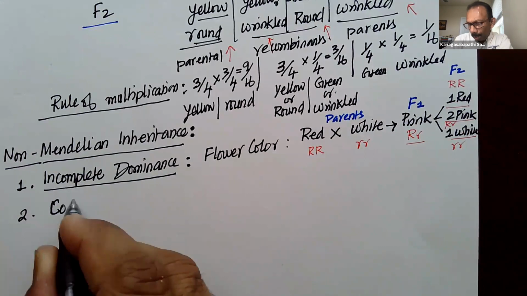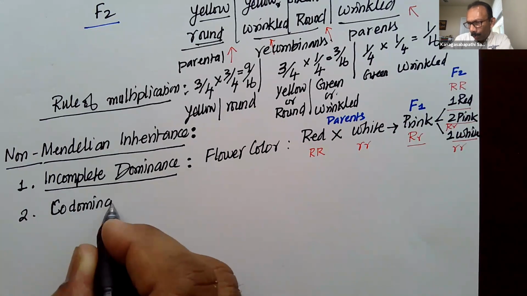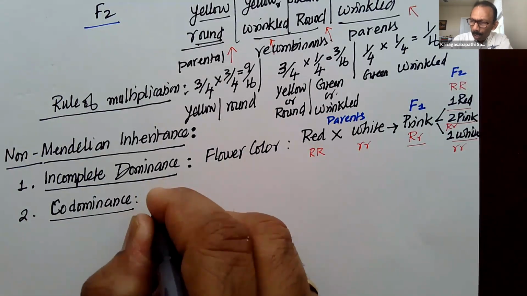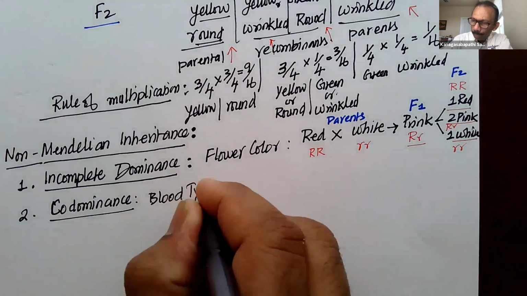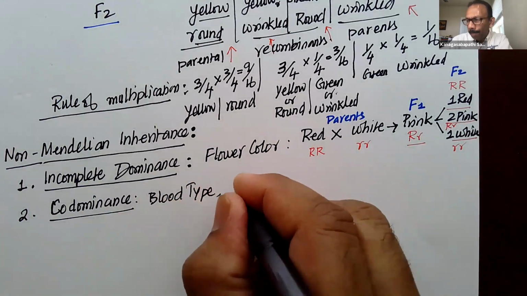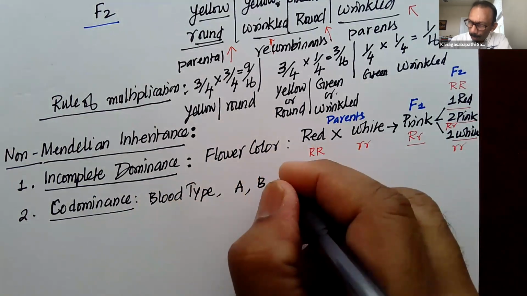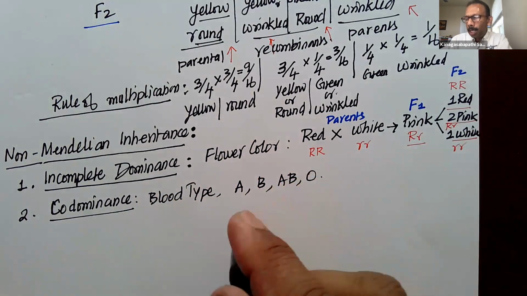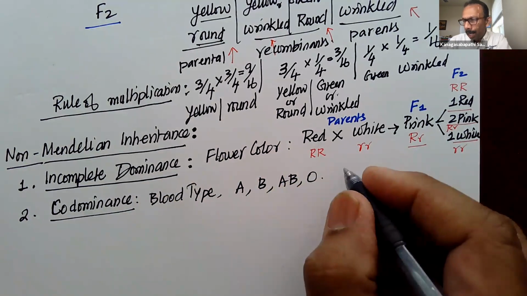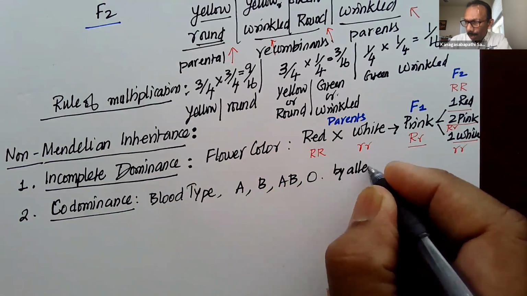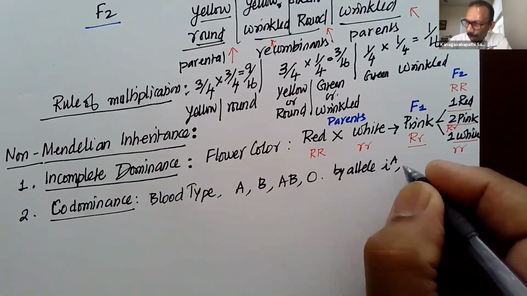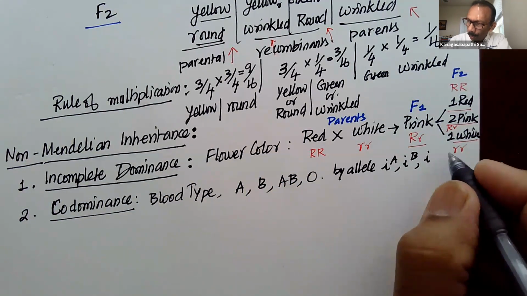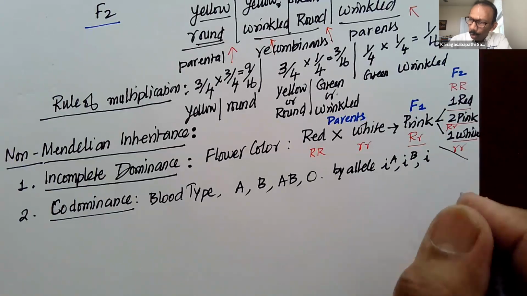The second one is called codominance. Codominance is where one allele is not dominant over the other allele. Say, for example, the blood type. We have blood type A, blood type B, blood type AB, and blood type O. These are determined by alleles called IA, IB, or i, which has no A or B in there. That's what creates the O allele.